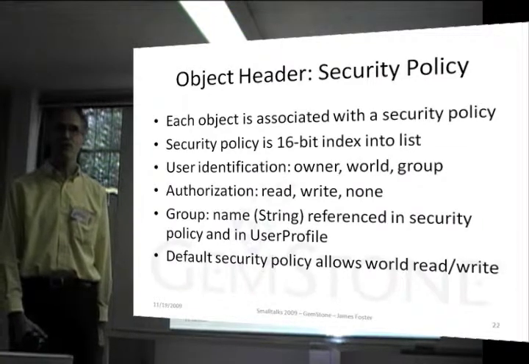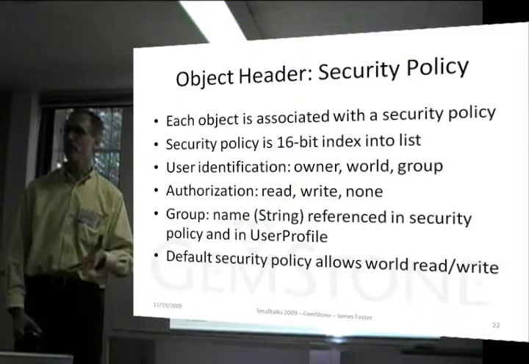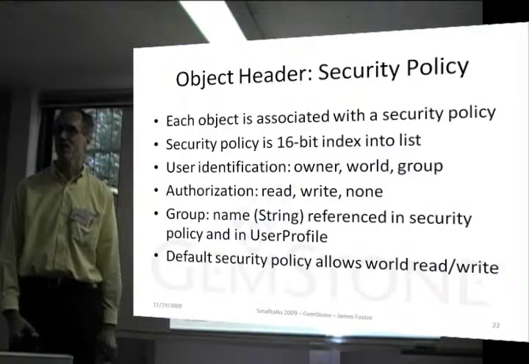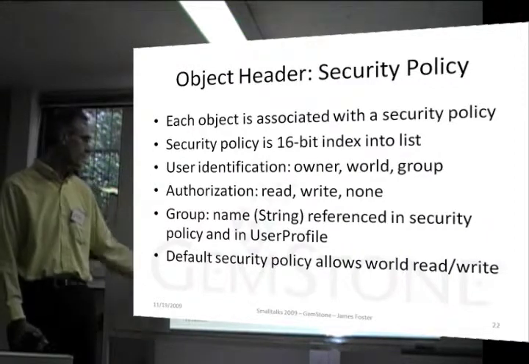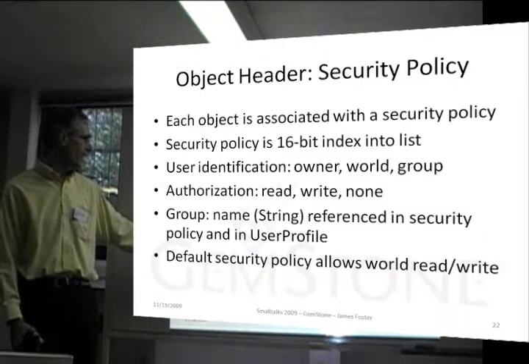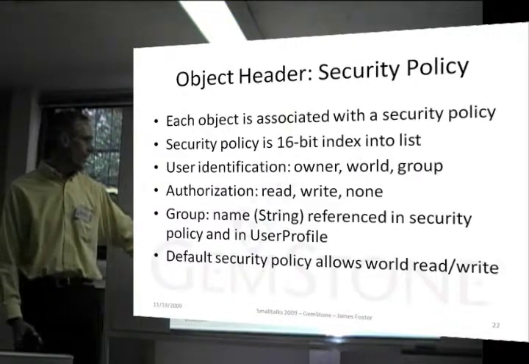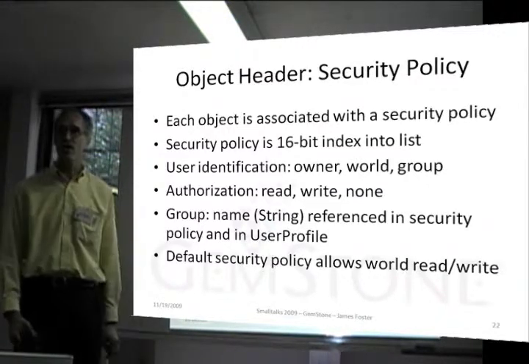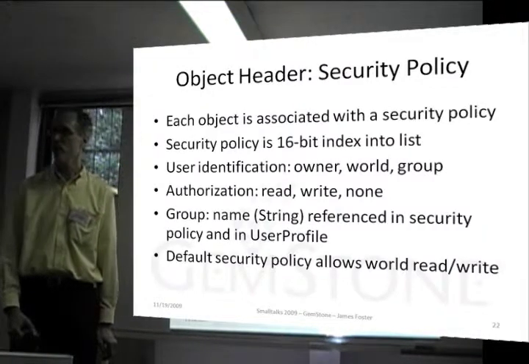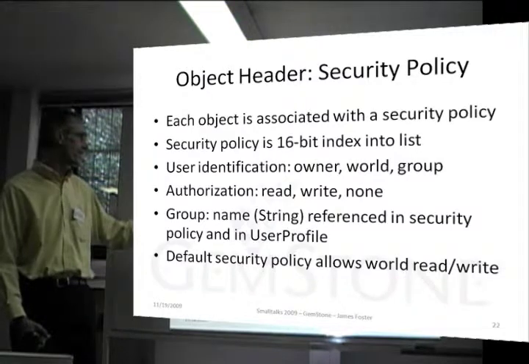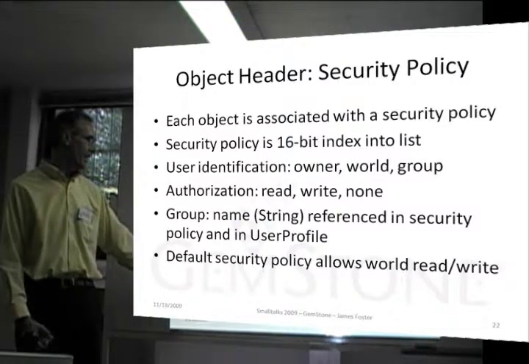So if you attempt to read an object for which you don't have authorization, then the virtual machine will throw an error. So security is right there built into the virtual machine level. You have a list of groups in the security policy that are also associated with the user. So each user can have one or more groups, and each security policy can have a group.